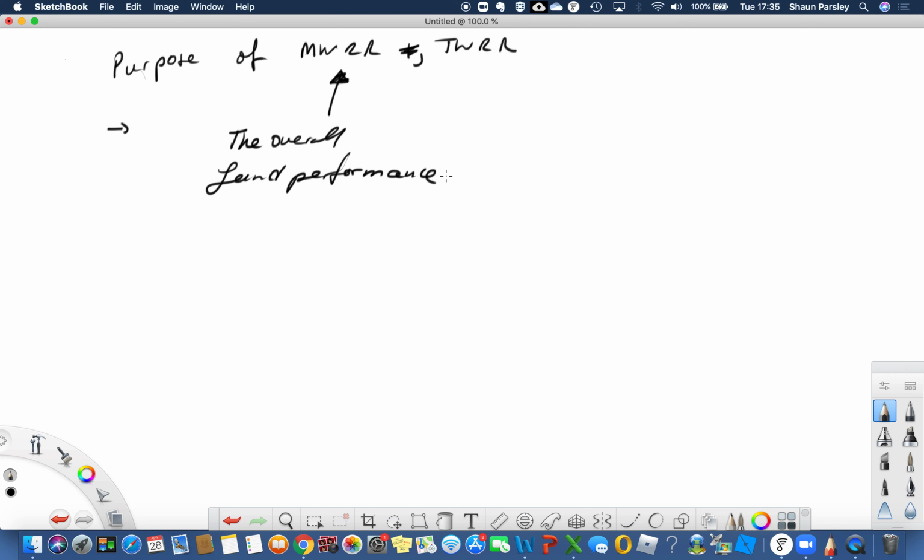If you are a member of a pension scheme, you're not necessarily interested in how the performance occurred, in terms of investment timings or cash flows or anything. You just want to know how well your fund has performed. So that's what the MWRR does.